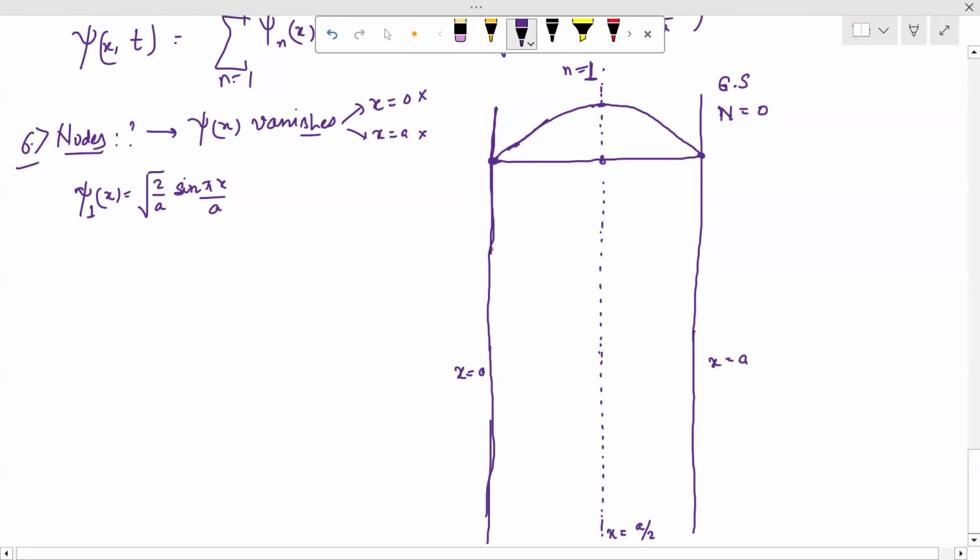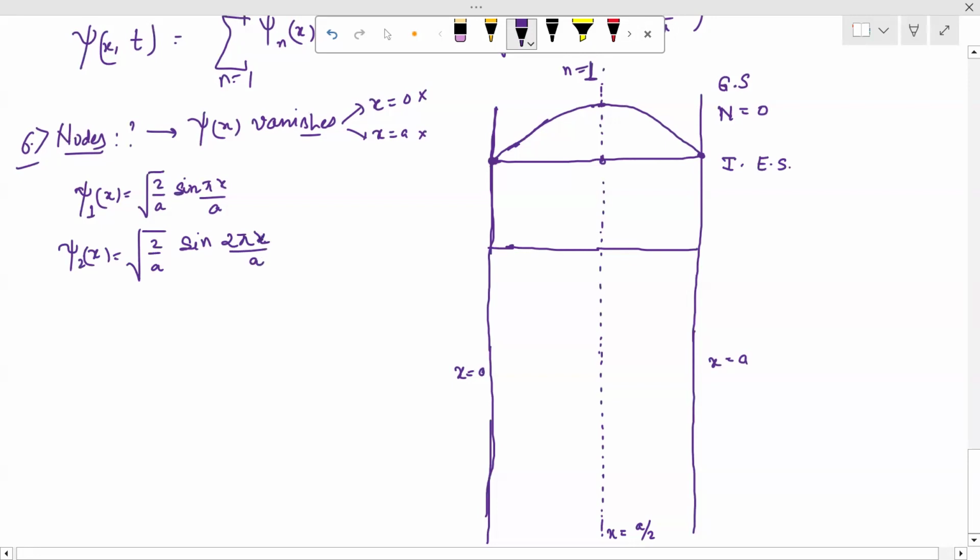Okay. Now, if you consider the first excited state, the first excited state would correspond to n equal to 2. So psi 2(x) will be equal to what? It will be equal to root over 2 by a sine of 2 pi x upon a.